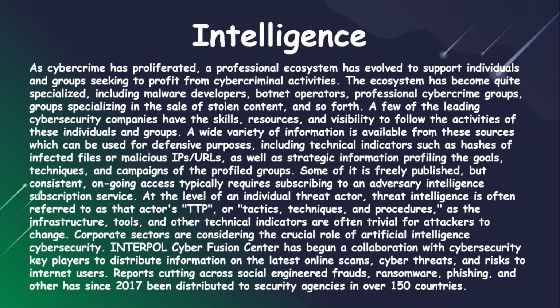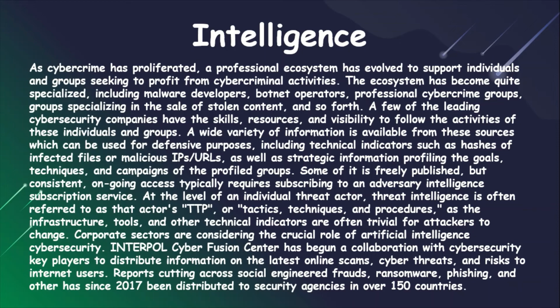Intelligence. As cybercrime has proliferated, a professional ecosystem has evolved to support individuals and groups seeking to profit from cybercriminal activities. The ecosystem is quite specialized, including malware developers, botnet operators, professional cybercrime groups, groups specializing in the sale of stolen content, and so forth.